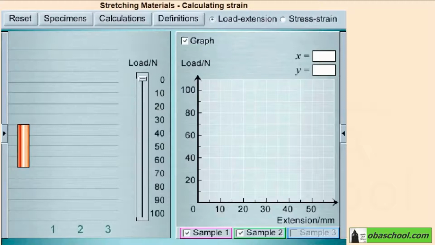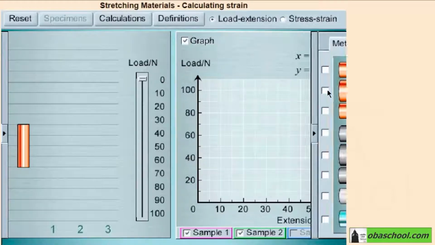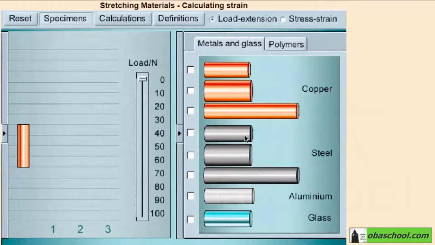Hello everyone! In this virtual lab, we're going to calculate the strain for two steel specimens having different cross-sectional areas. Let's click Specimen and select the short thin steel specimen and the short thick steel specimen.